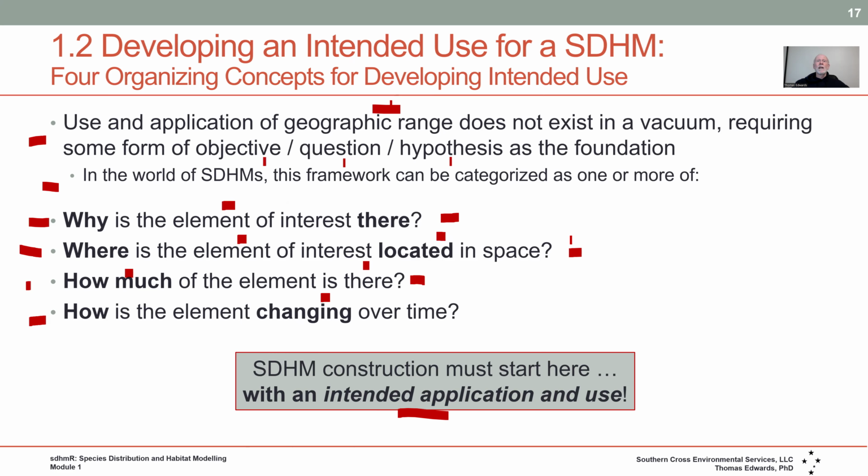How much can rely on this spatial, and how might it change over time provides an opportunity to permute the environmental predictors your model has been built with and see what changes might occur. But I call all of this an intended application because it helps you to organize the thoughts that are going to be the foundation for your distribution and habitat model.